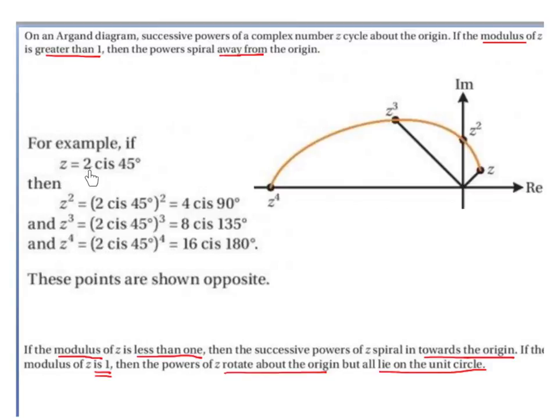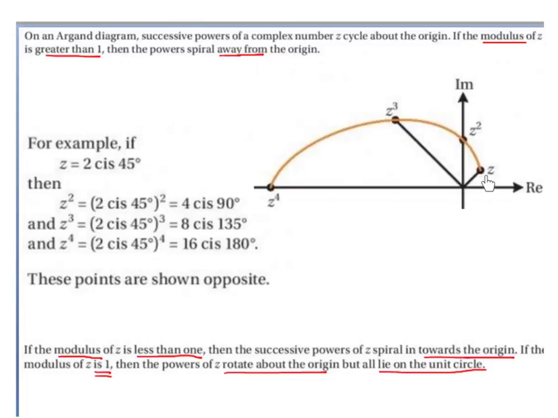So z is 2 cis 45°, which is here. So it has a modulus of 2 and an angle of 45 degrees. Z squared is 4 cis 90°, so it lies on the imaginary axis, which gives us a 90-degree angle. And it has a modulus of 4, so it's got twice the modulus that z has. And z cubed has a modulus of 8 and an angle of 135 degrees.